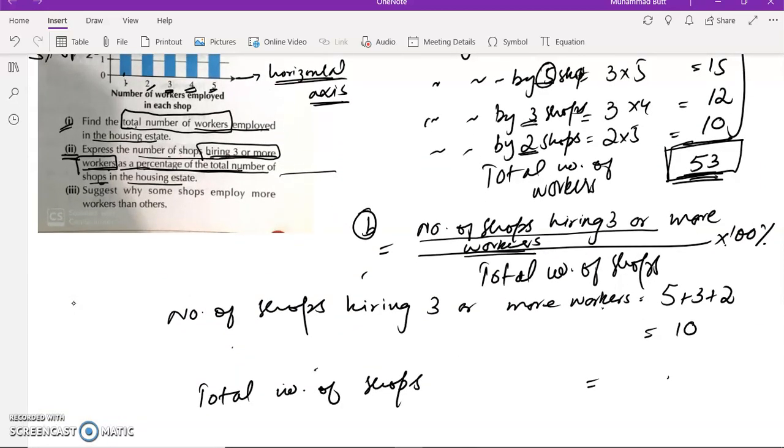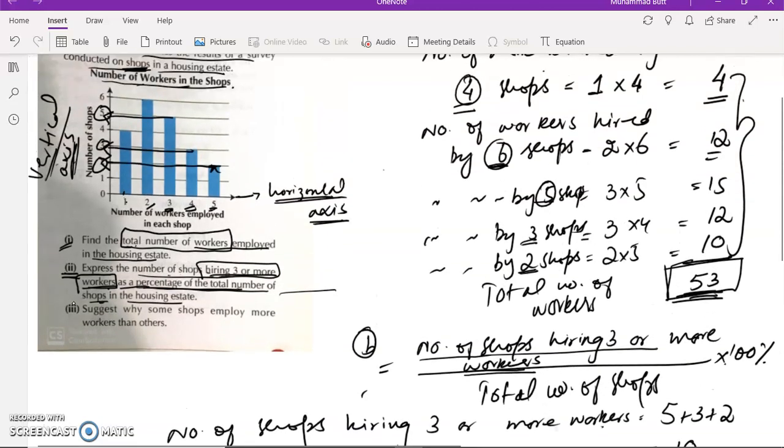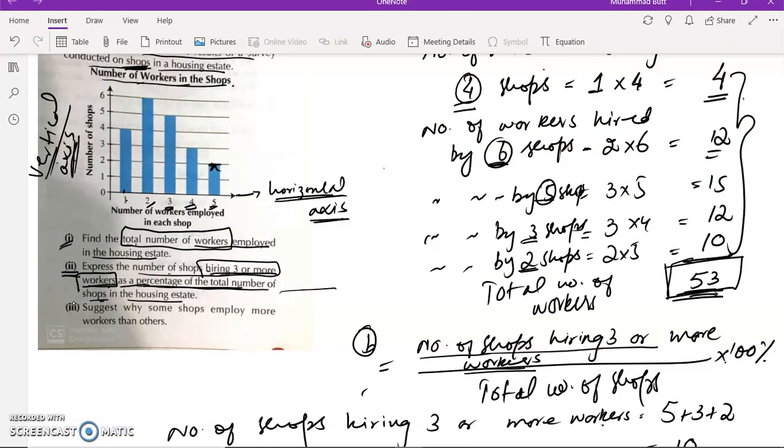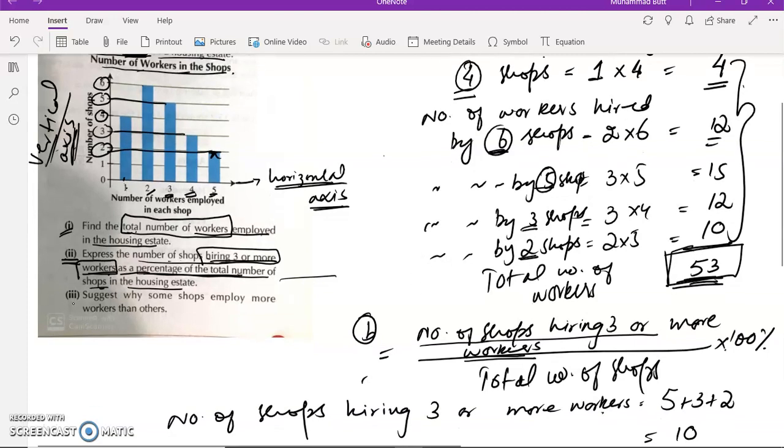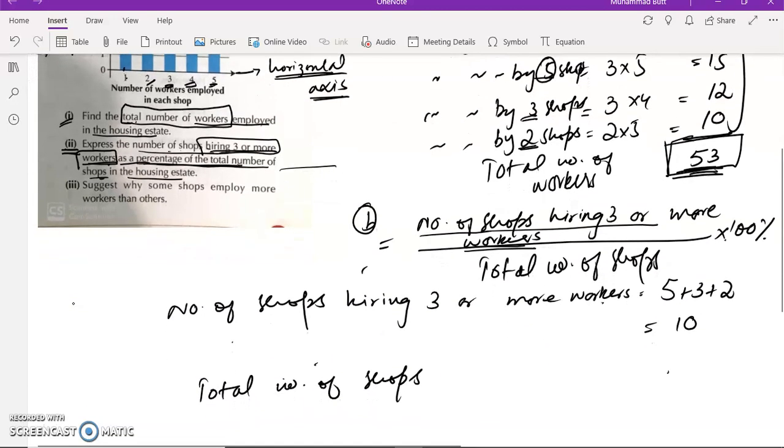We'll get the total number of shops, or you can calculate it from the graph. 6, 5, 4, 3, and 2. 5 and 5, 10, 10 and 10, 20. So the total number of shops is 20.